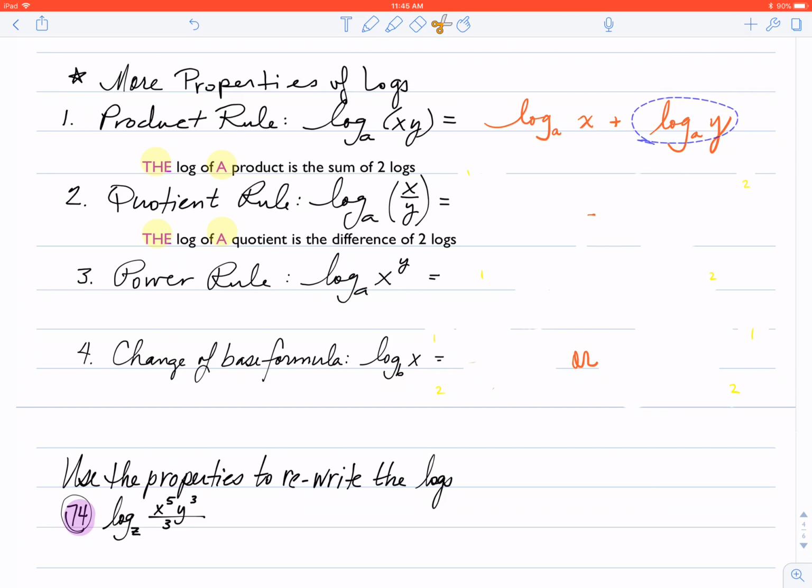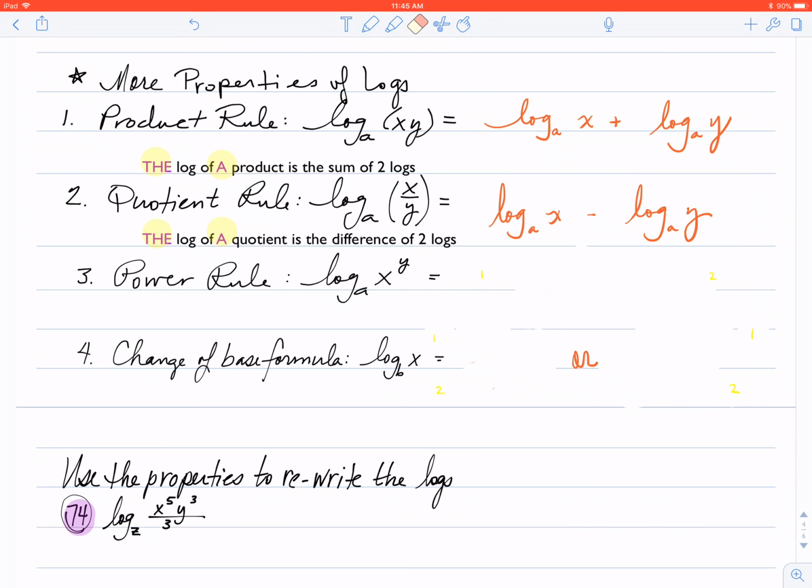Back in exponentials, we said that if you're dividing like bases, you will subtract your powers. And this one says that the log of a quotient is going to equal the difference, you see my minus sign is already set up over here, the difference of 2 logs, log base a of x minus log base a of y.